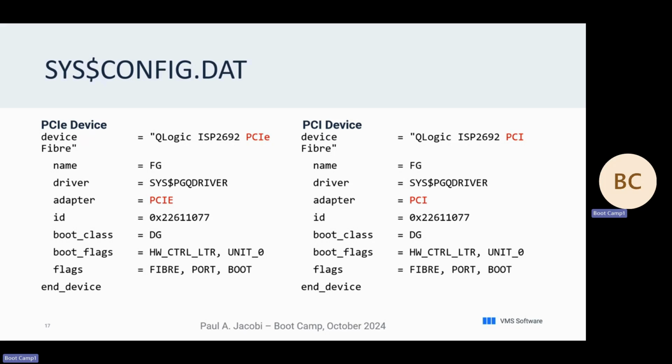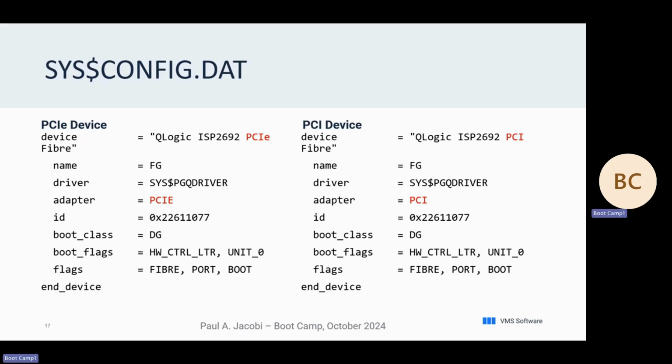I just duplicated that entry for the PCIe bus, for the older PCI bus, booted back up, and expected the magic to happen. Well, it sort of happened. I saw PGQ driver getting loaded. So I got excited and said, let's do a show device DG. Nothing showed up. That's kind of odd.